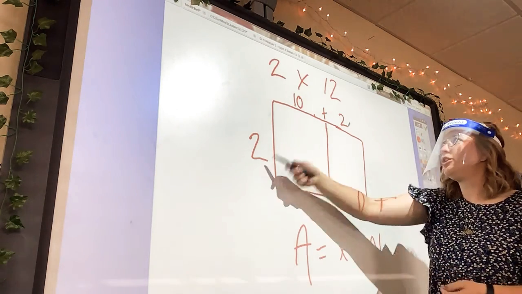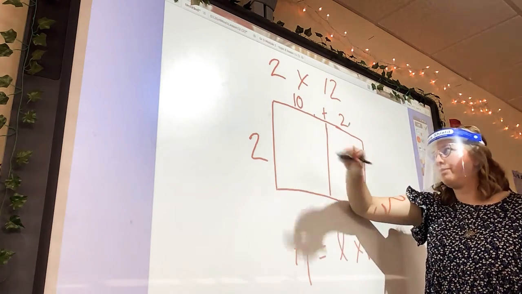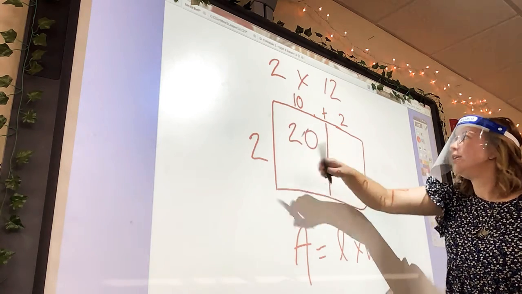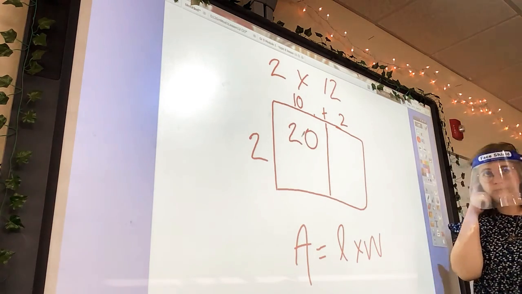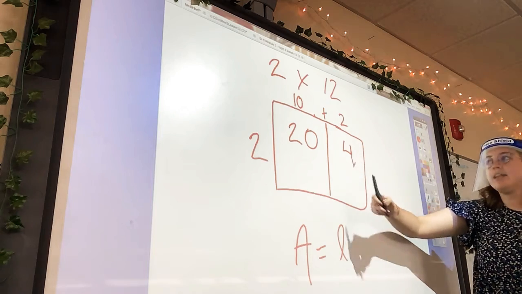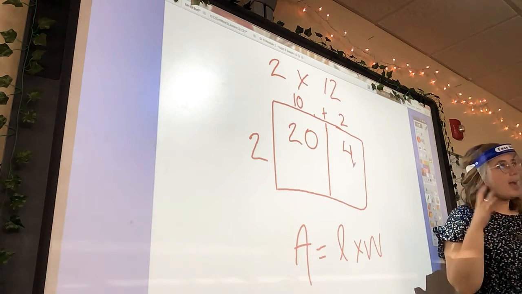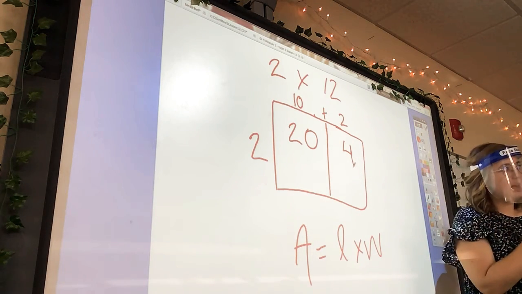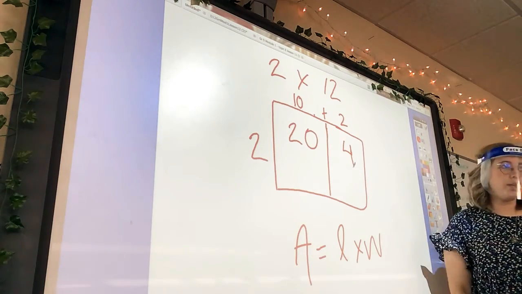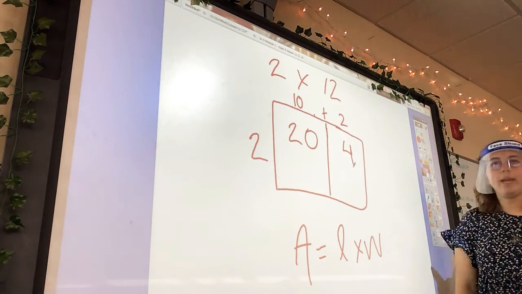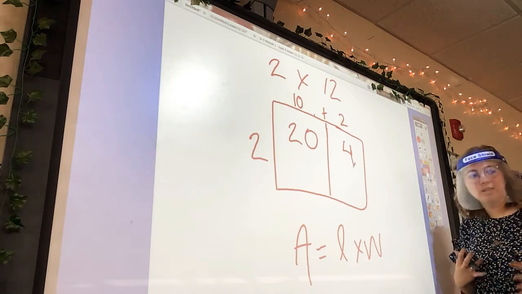So 2 times 10, class, what is it? 20. Good. What's 2 times 2? Ready, go. 4. Good. And then we add what's on the inside together. So what's 20 plus 4? Go. 24. Just a good review so far?